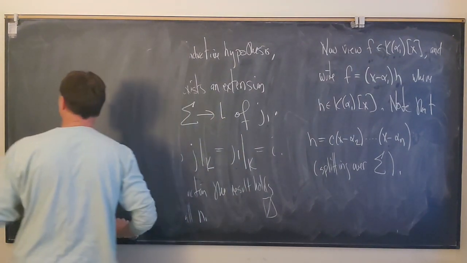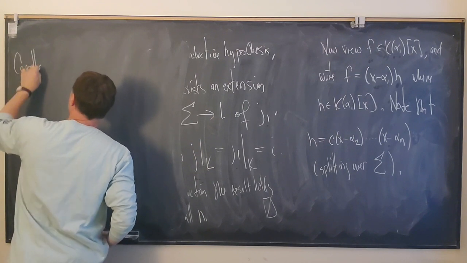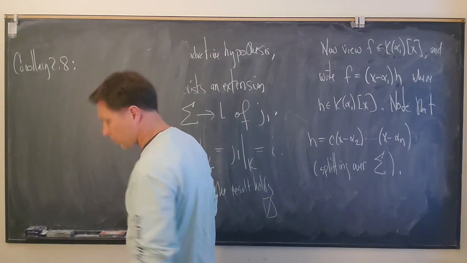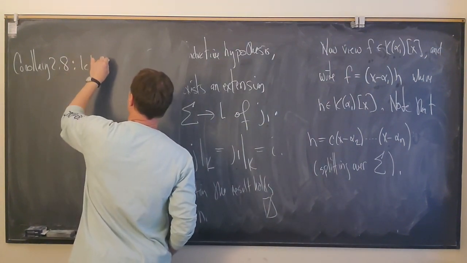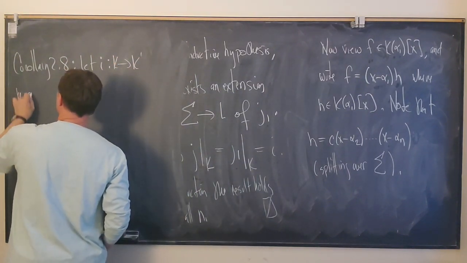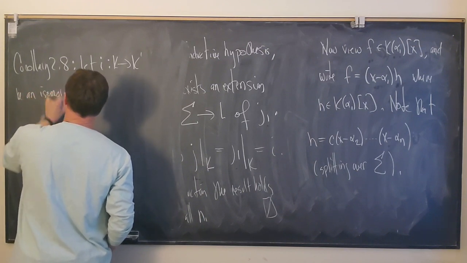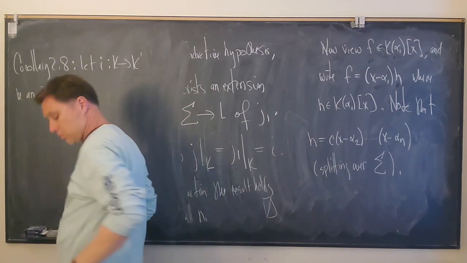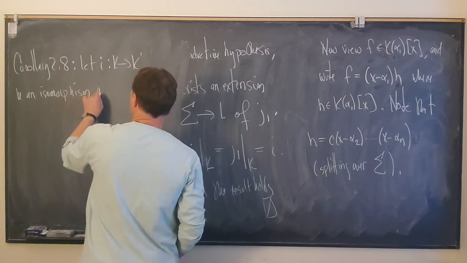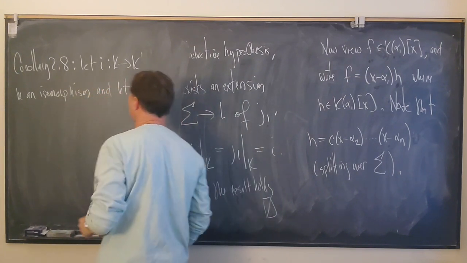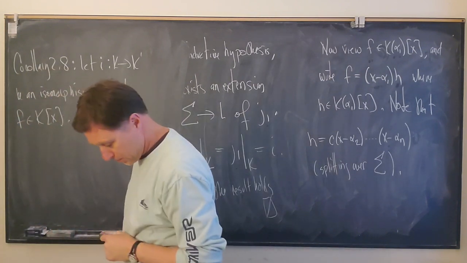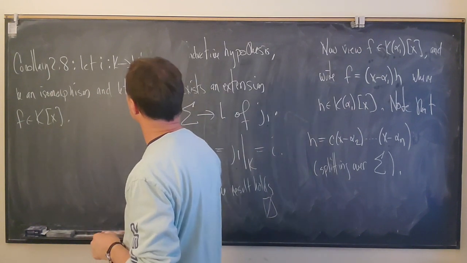So this would be corollary 2.8. Let's let I from K to K prime be an isomorphism, and let F be a polynomial in K[X].